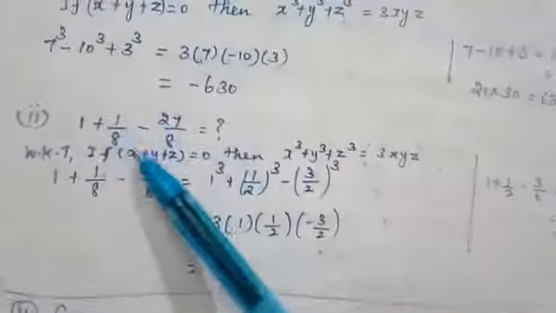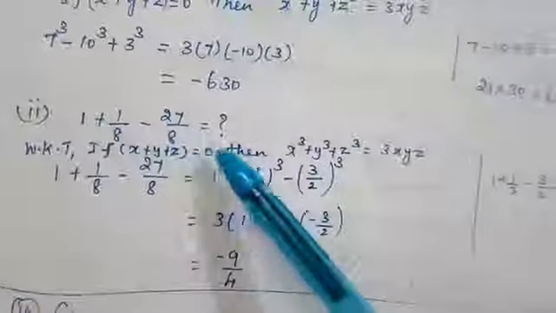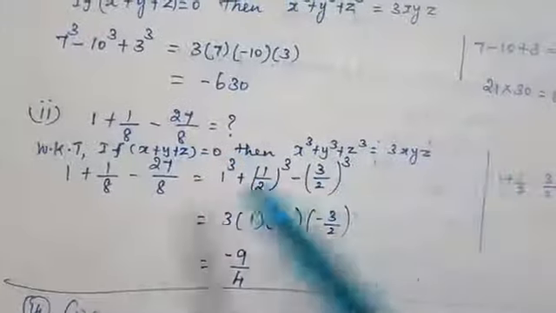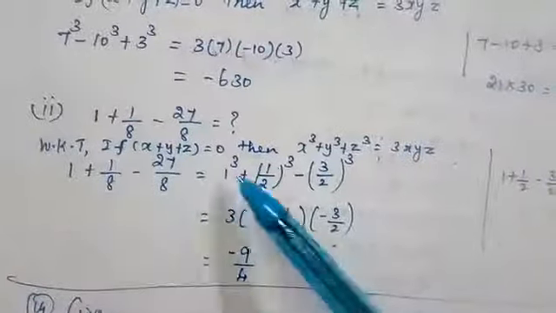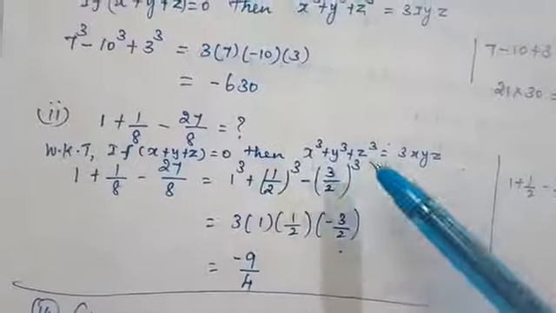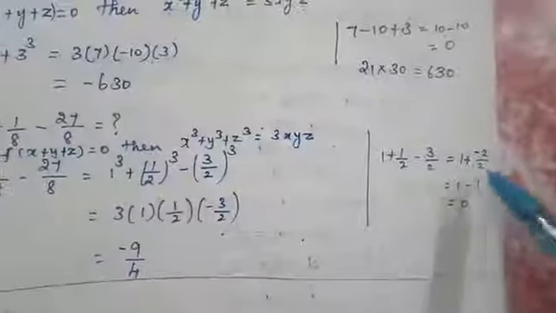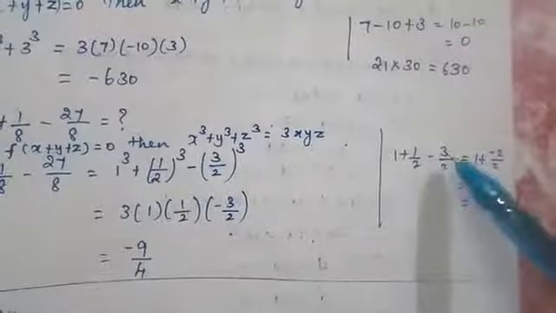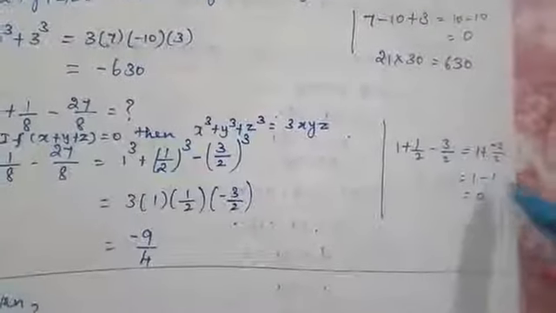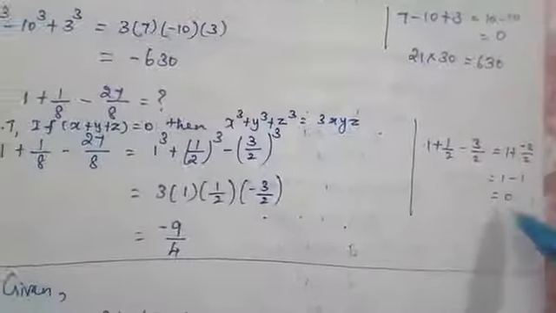Or 1 plus 1 by 8 minus 27 by 8. First you write the formula, then it is written as 1 cube plus (1 by 2) whole cube minus (3 by 2) whole cube. So we have to simplify this. It is 1 plus, since the denominators are same, 1 minus 2 by 2, that is minus 1. 1 minus 1 equals 0.